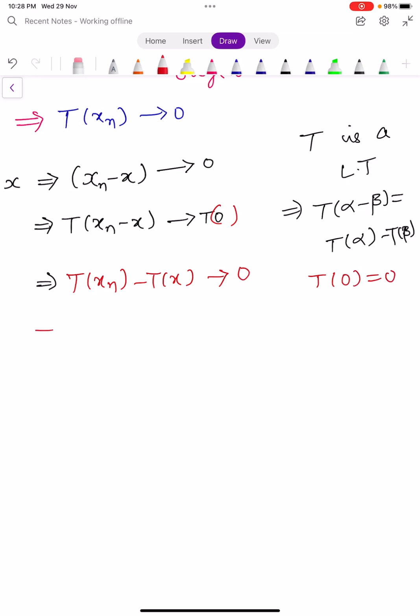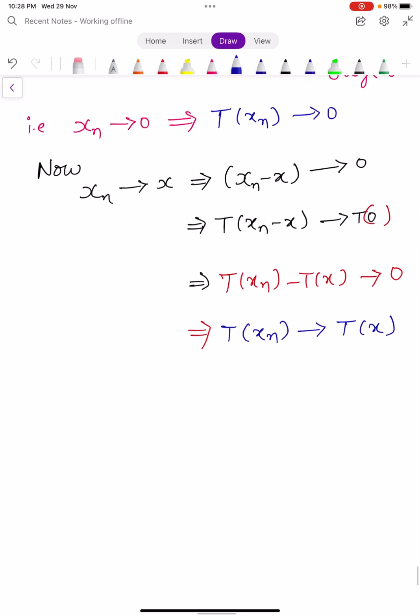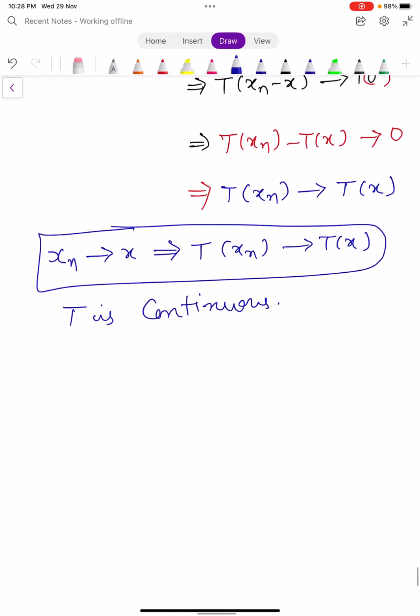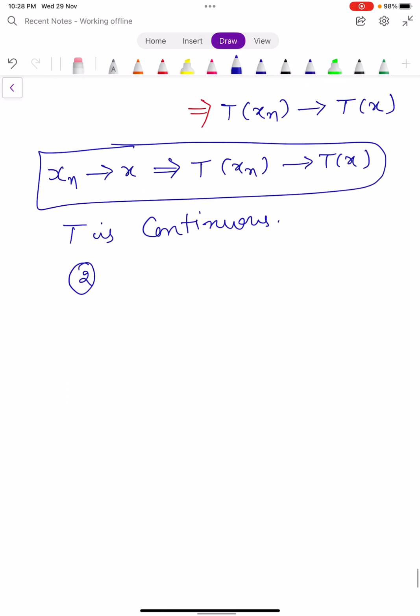So this condition again implies T of xn converges to T of x. What it means? We take that xn converges to x. We prove that T of xn converges to T of x. This condition shows us capital T is continuous. Hence 2 implies 1.